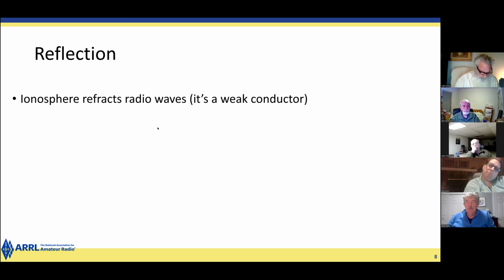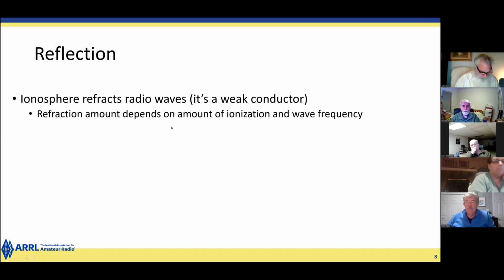Well, the same thing happens to radio waves passing through the ionosphere. So how well the ionosphere refracts radio waves depends on how much ionization there is and what frequency the radio wave is.